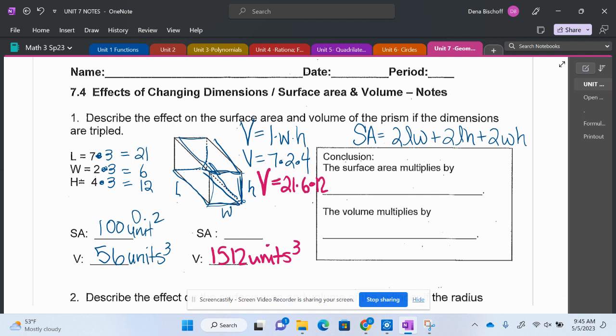So for the surface area, we have to take 2 times 21 times 6 plus 2 times 21 times 12 plus 2 times 6 times 12. So I'm going to let you guys calculate that. You got 900? Yeah. So 900 units squared.